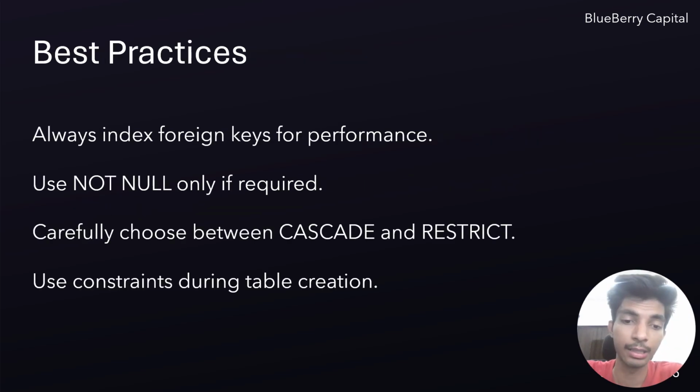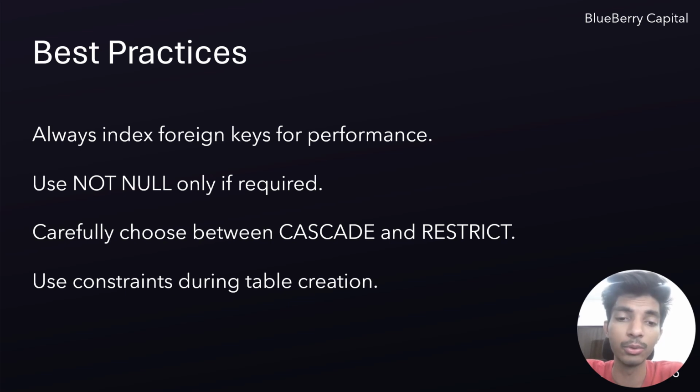So yes. Best practices: always index foreign keys for performance. So what are indices? Indices in a database basically help you optimize query time and the time on the disk. So once you have these indices on foreign keys, it helps you search for them faster.